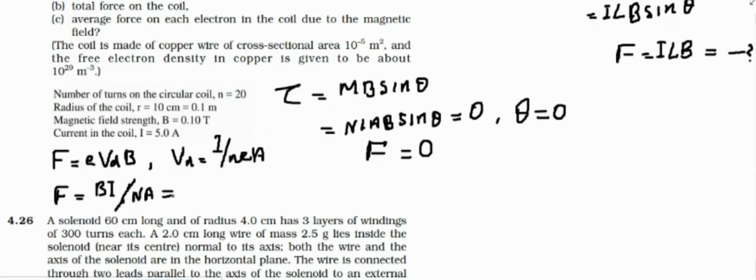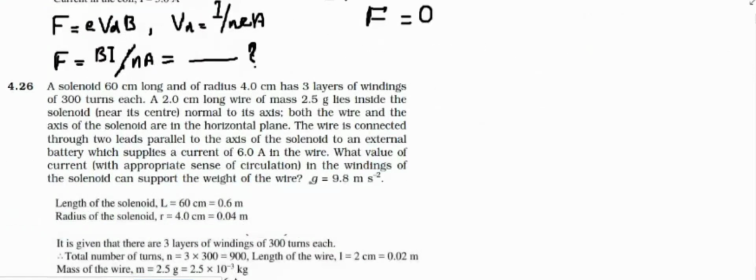Here, this again, n is small n, will give you the final answer. And those quantities, number of free electron density n is given here, 10 power 29. Cross-sectional area is also mentioned here. Those values you have to substitute here to get the answer.